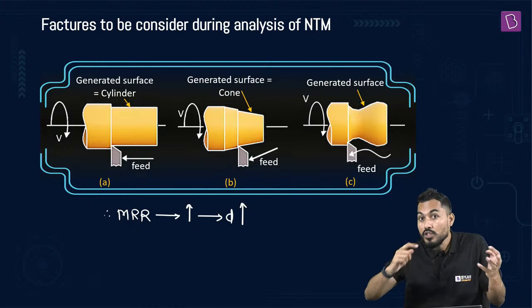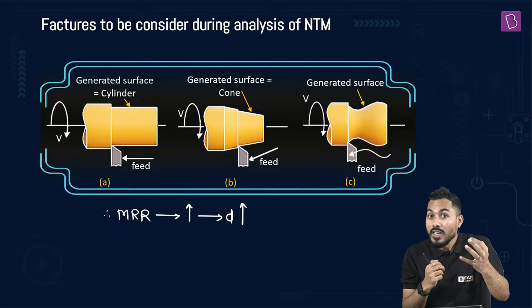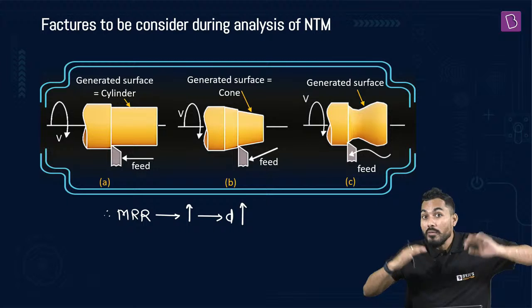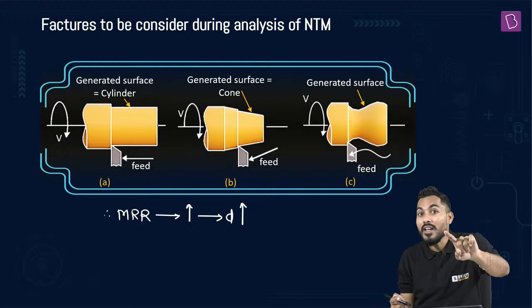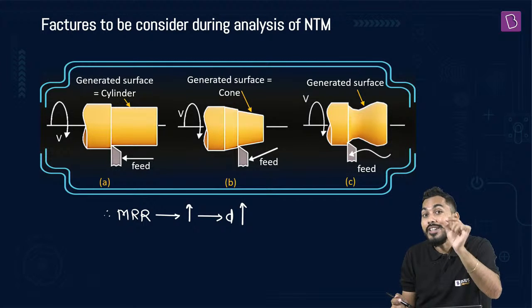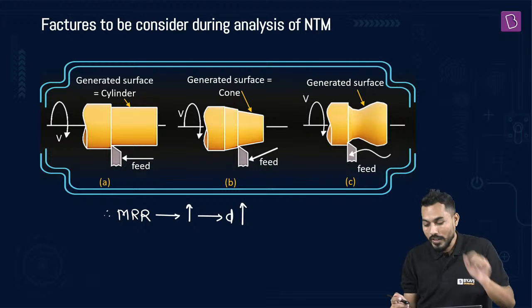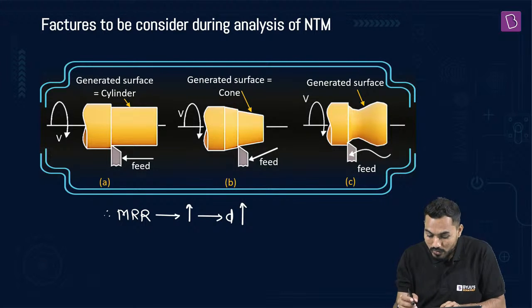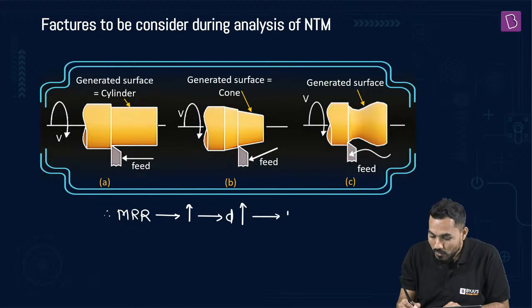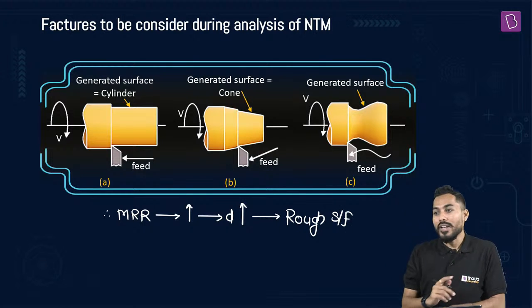For more size of the chip, forces will be higher. If the forces are higher, reaction force will be higher, vibrations will be more, which means that the quality of surface produced will be deteriorated, or a rough surface will get produced. It will produce deteriorated quality, or it will produce a rough surface. I think so. Everybody understands the analogy, what exactly I am speaking here.